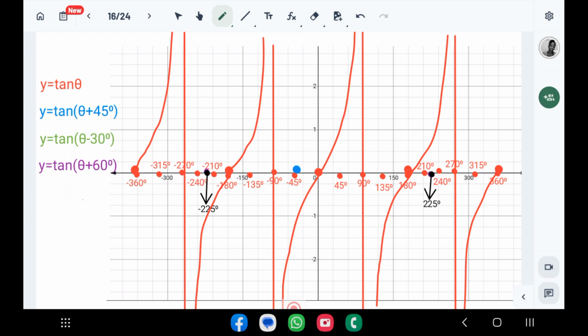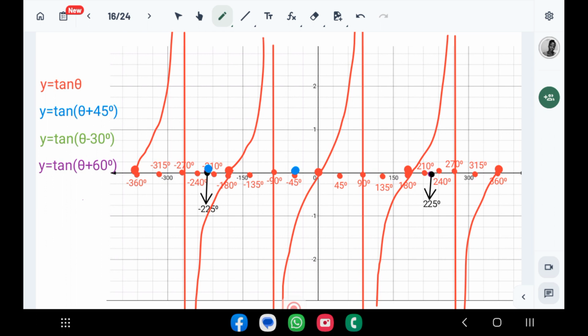And then to figure out the rest, you just add or subtract the 180 degrees as the need arises. So subtract 180 from negative 45, so that's negative 45 minus 180. The next intercept will be at negative 225. There is negative 225. That is the next x-intercept. Next one, subtract another 180.